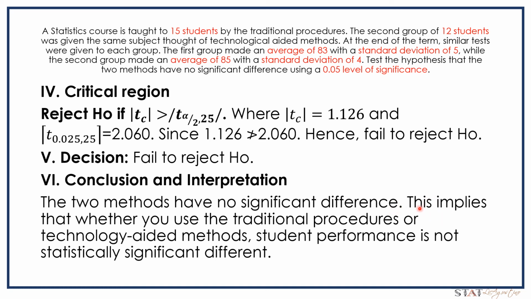This implies, and this is our interpretation based on the readings or observations, that whether you use the traditional procedures or technology-aided methods, student performance is not statistically significantly different. That is how you should do your conclusion and interpretation. This is an example that we will be using for the rest of our class.